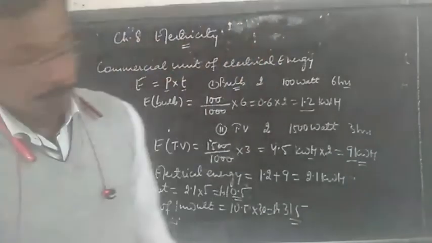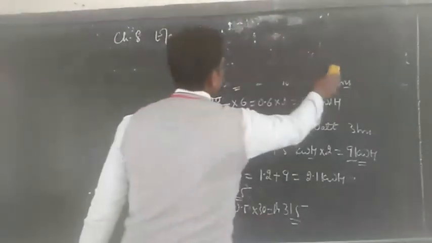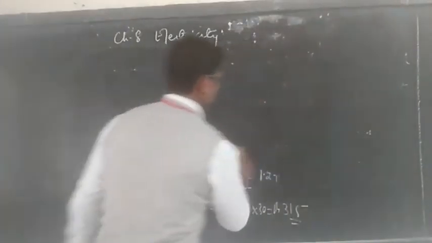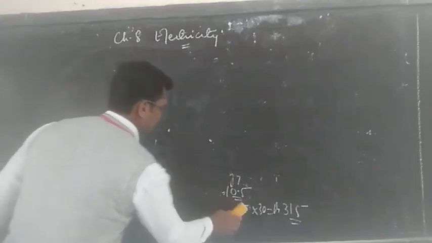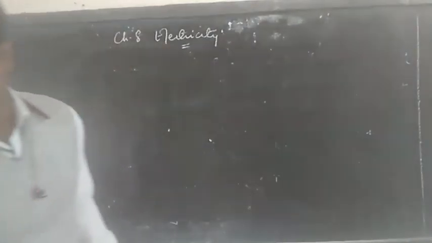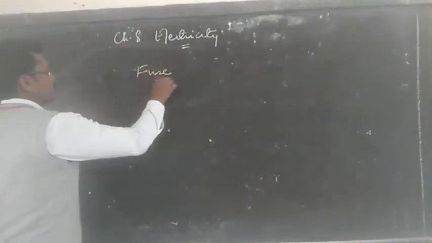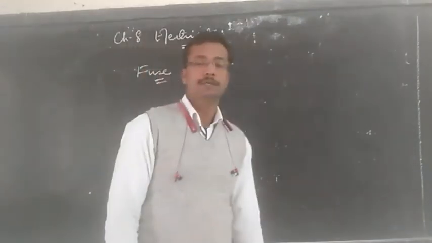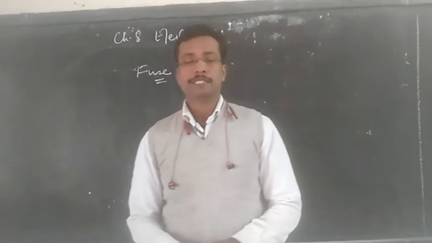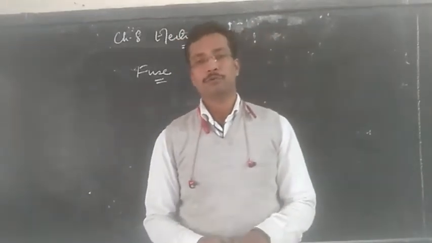Let us now come to the safety device, which is called fuse. Fuse is a safety device that prevents the appliances when there is an excessive amount of current flowing through it.